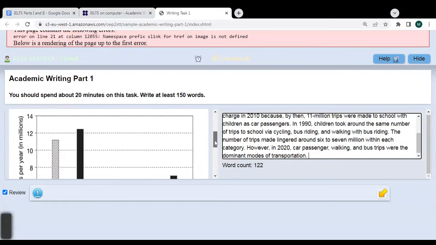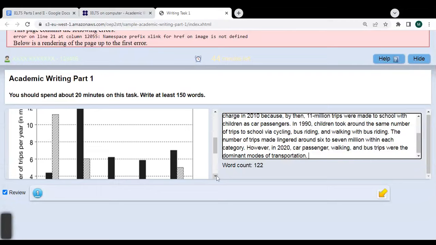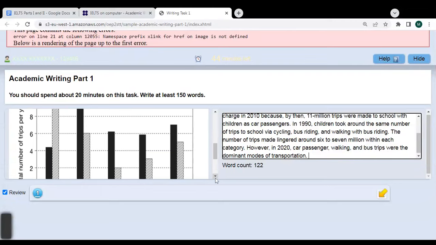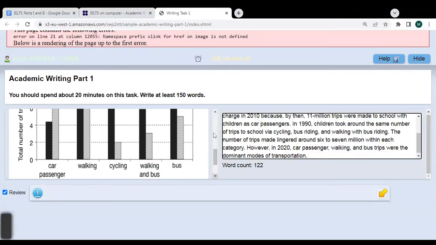So, car trips again, 11 versus 12. But what's interesting is the cycling, walking, and bus was definitely vastly different. So that's something that's interesting. Let's see what else I can say here.